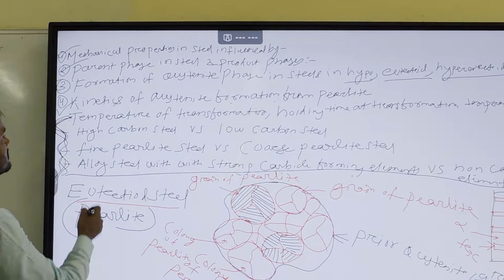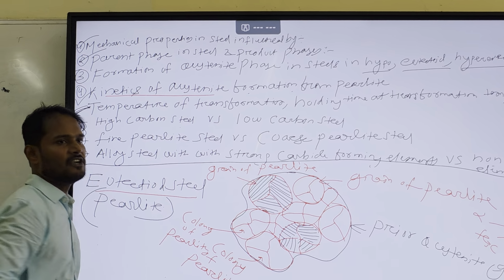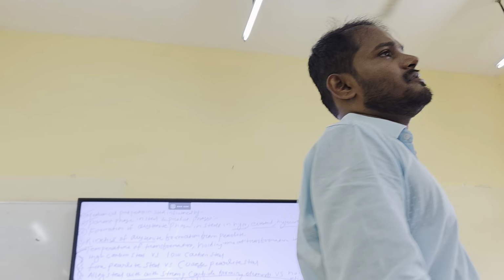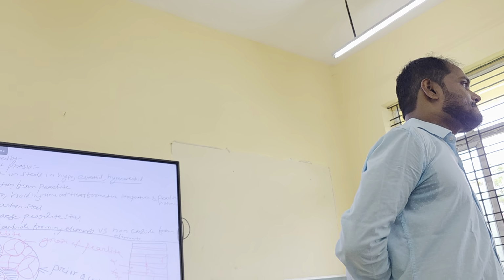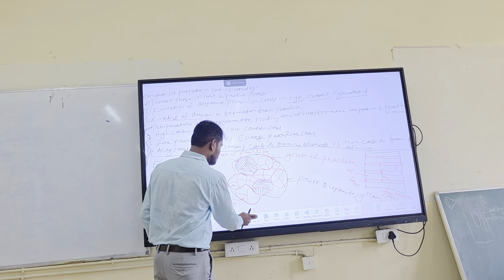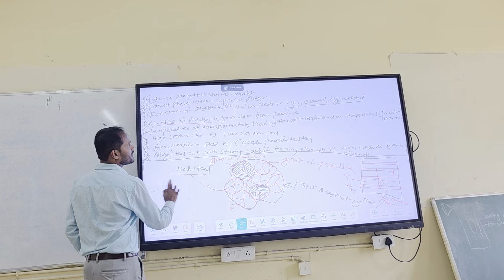So now the question is, you can see the kinetics of austenite formation. How fast austenite will form or how slow austenite will form depends upon three factors. You can write: three factors will decide the kinetics of formation of austenite. I have already written them.